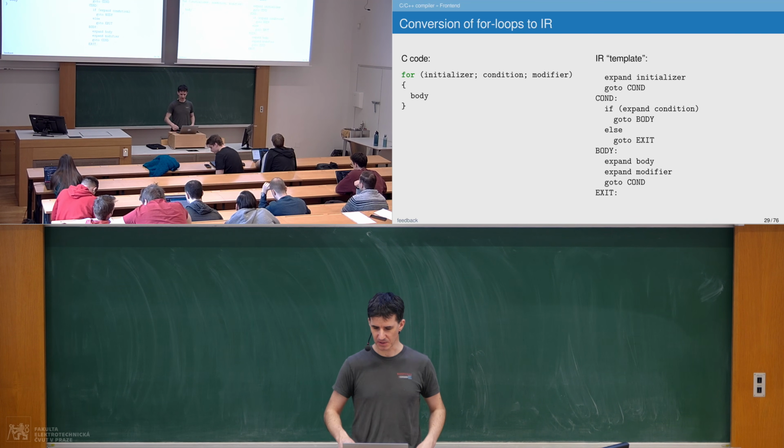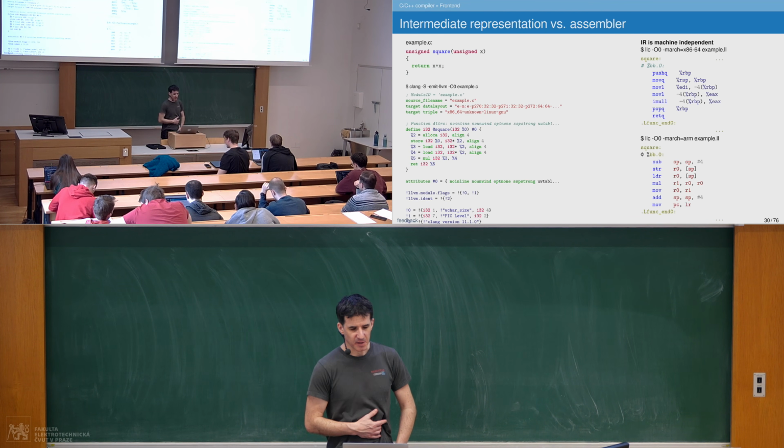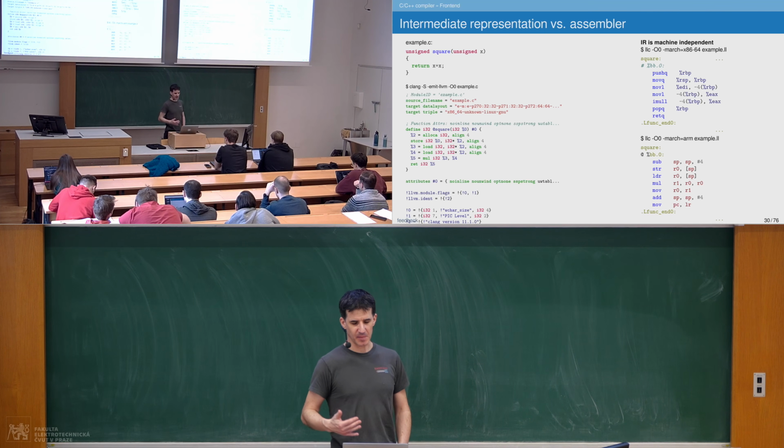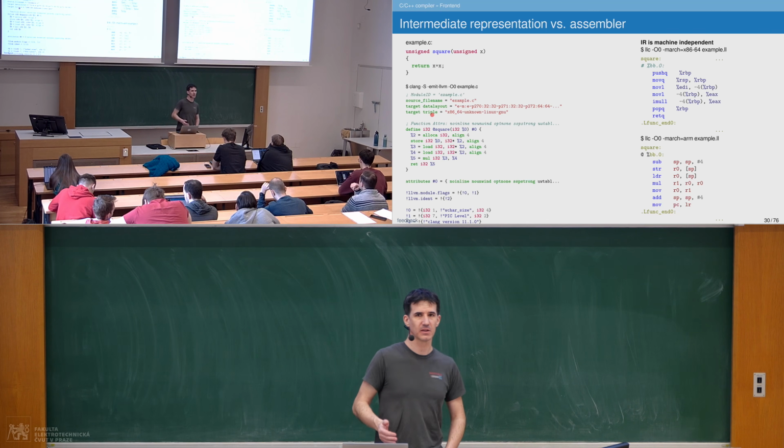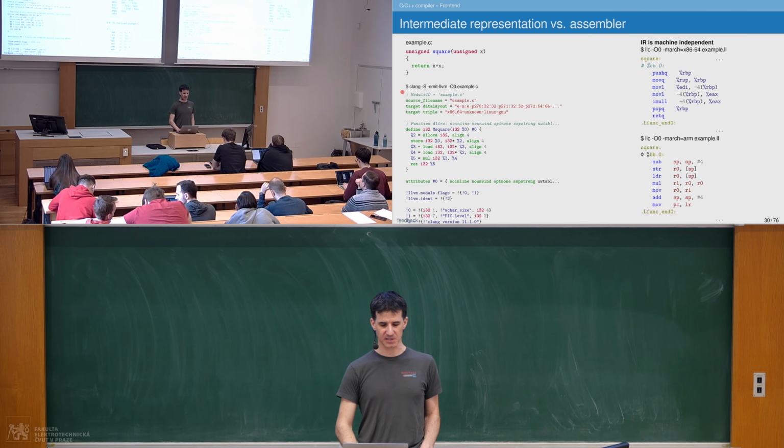So this is the way the compiler front end recursively traverses the abstract syntax tree and generates the intermediate representation. This intermediate representation, as I told you, is not the same as the assembly. The compiler then converts the intermediate representation to assembly, and as you can see with Clang, you can nicely play with Clang and see the individual steps.